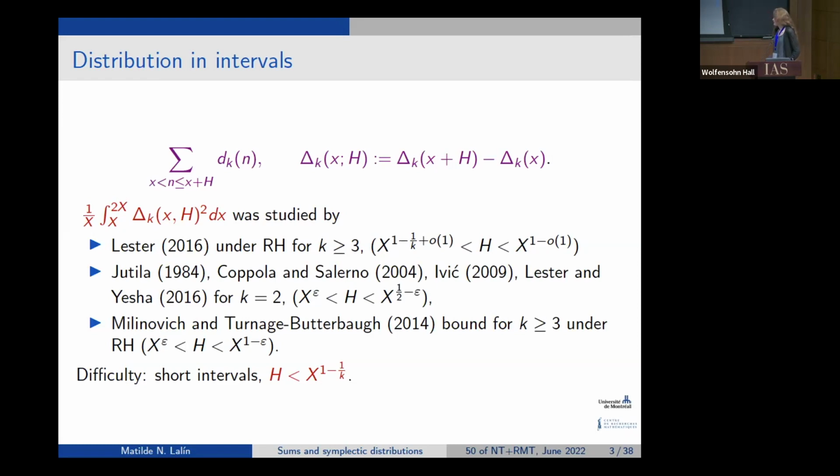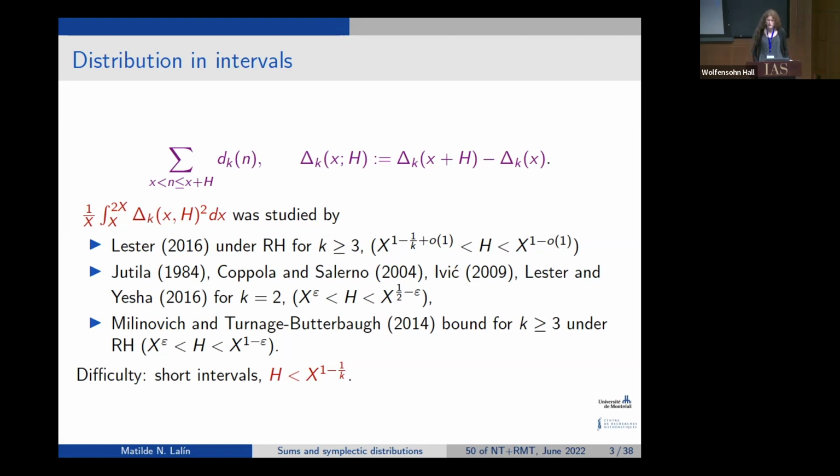I just want to mention the results by Lester, Butila, Coppola, Salerno, Ivić, Lester, and Yesha for k equals 2. The result of Lester, as before, for k greater or equal than 3. Also bounds by Milinovic and Butterworth for k greater or equal than 3, under the Riemann hypothesis. I'm not really giving you the results because in the next slide I'm going to tell you what the principal term should be.